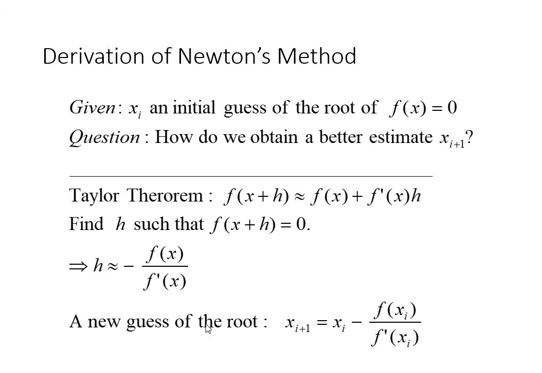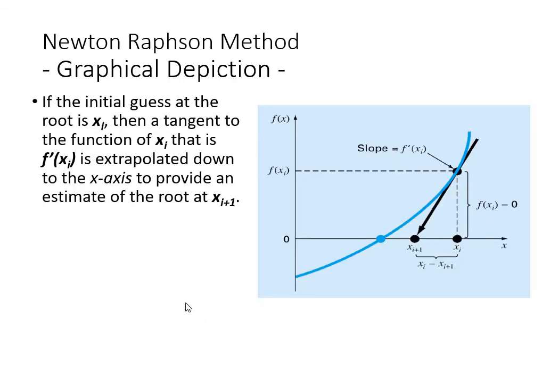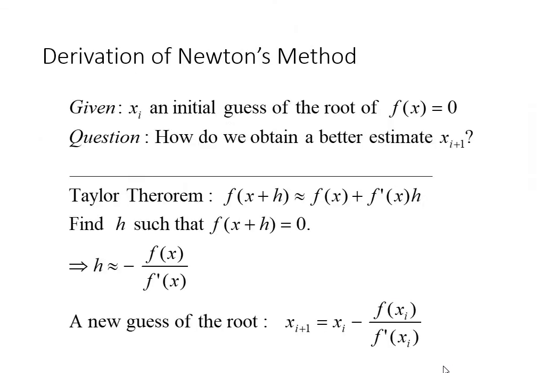So a new guess of the root is given by, h is more like your step size. It is the difference between those two. So xi plus 1 is equal to xi, the previous one, minus the step size h, which is f of xi over f prime of xi.